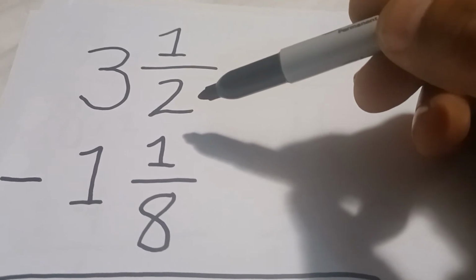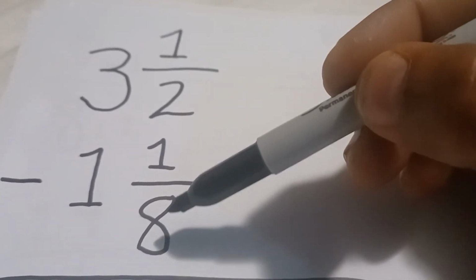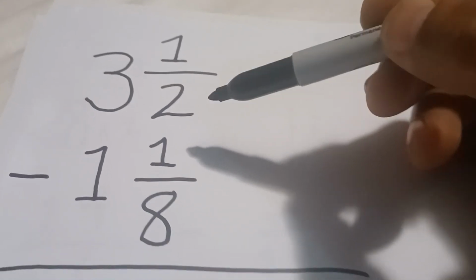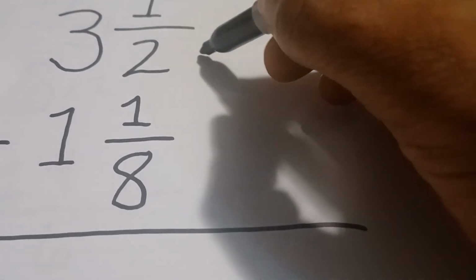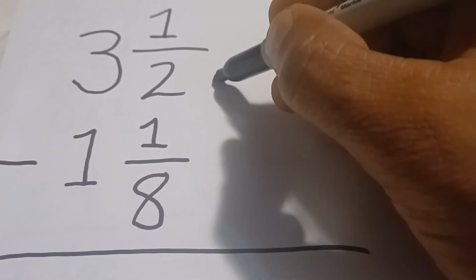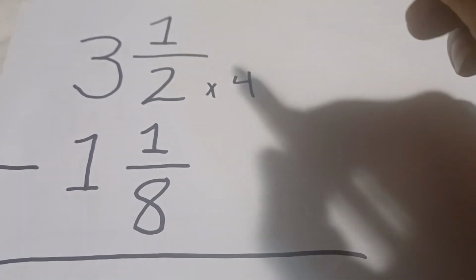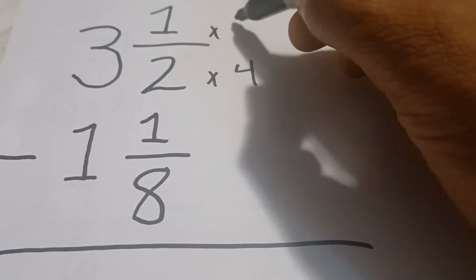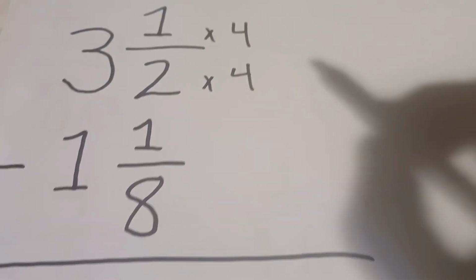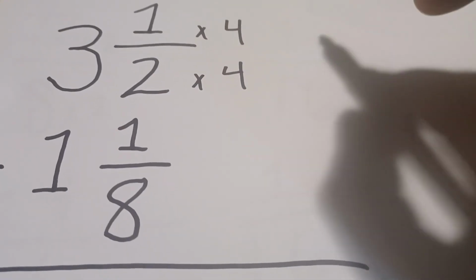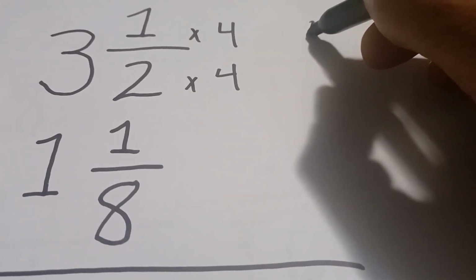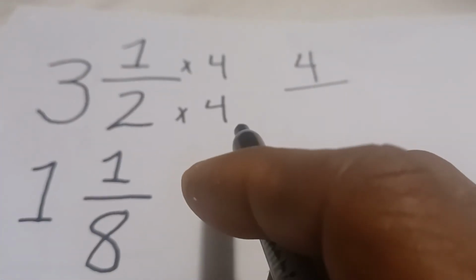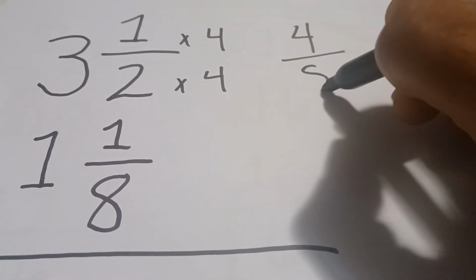Now I already see that 8 is a multiple of 2. So how do I get this 2 to 8? We're going to multiply this 2 by 4. 2 times 4, and we know whatever we do at the bottom, we have to do at the top as well, so it's 1 times 4. 1 times 4 gives you 4, and 2 times 4 gives you the 8 that you need.